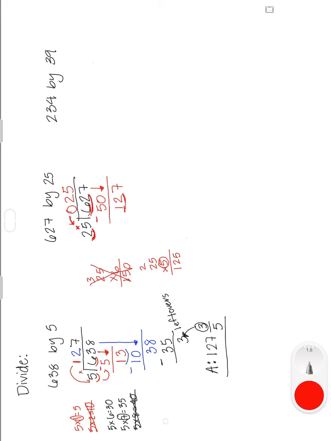So we can use 5. Now 5 times 25, we notice it's 125. We subtract. And then we have 7 minus 5 is 2, and then 0 and 0. So my answer for the second one will be 25 wholes and 2 25ths.